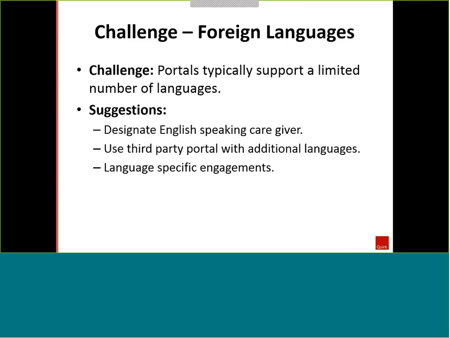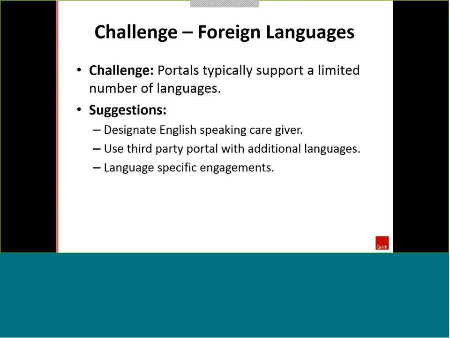And then ways around that, obviously, is you can designate oftentimes an English-speaking guarantor or caregiver, somebody that can operate their portal for them and translate for them is one option. That's relatively popular in Medicare Advantage programs.